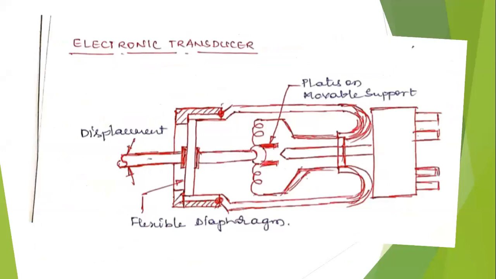Next, write down the question: Explain with a neat sketch the electronic transducer. List the advantages and limitations.